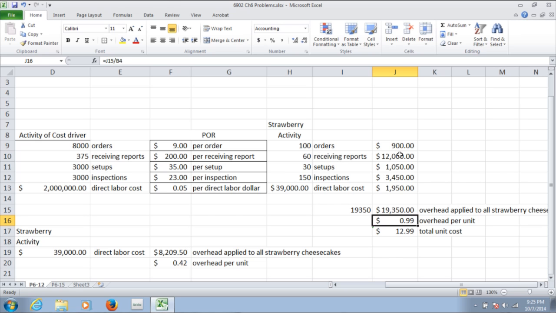And we see that here with the receiving reports. The receiving reports are more than half of the overhead, and yet that's not going to be described at all in the form of direct labor dollars.